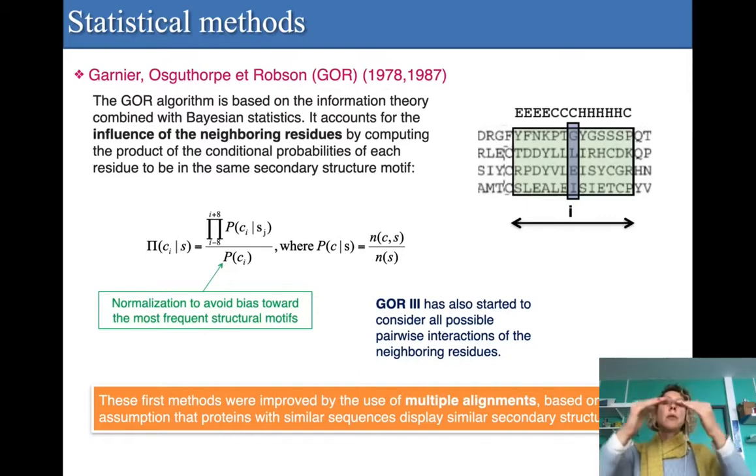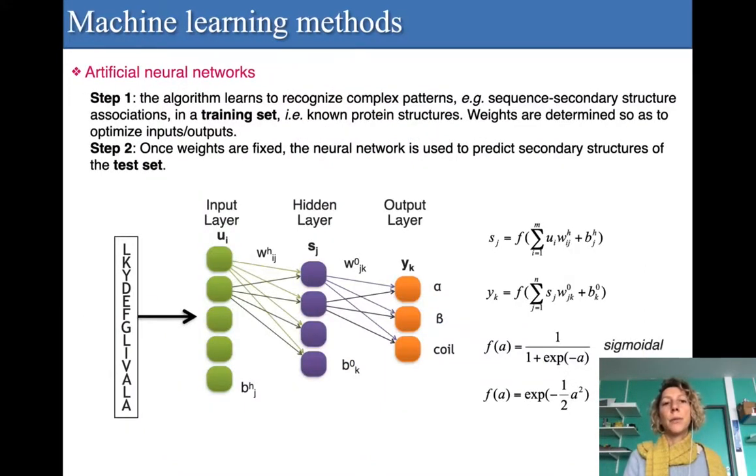It's each sequence and also similar sequences, which we assume have the same structure, because structures deviate much less than sequences, right? So the assumption is that proteins with similar sequences display similar secondary structures. And then you have a probabilistic representation of a sequence associated to structure, and this allows you to improve the predictions a lot.